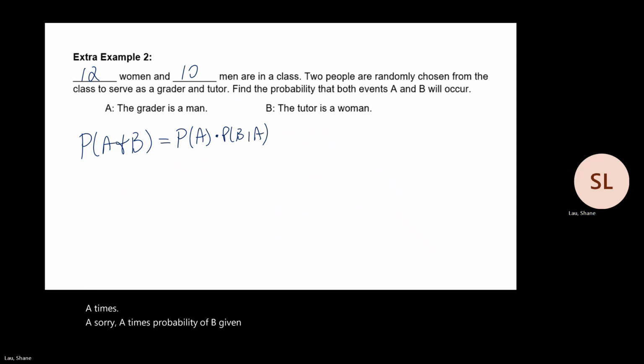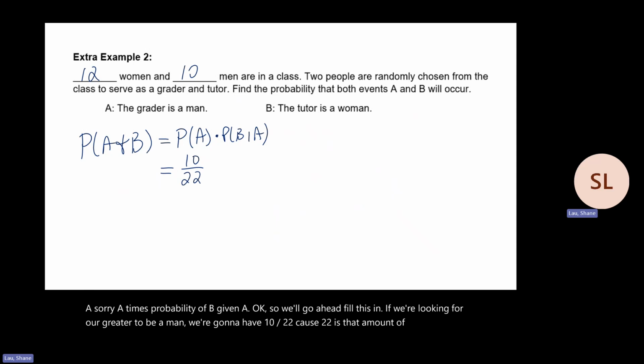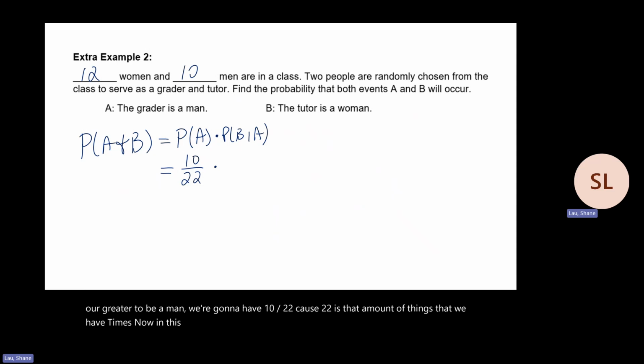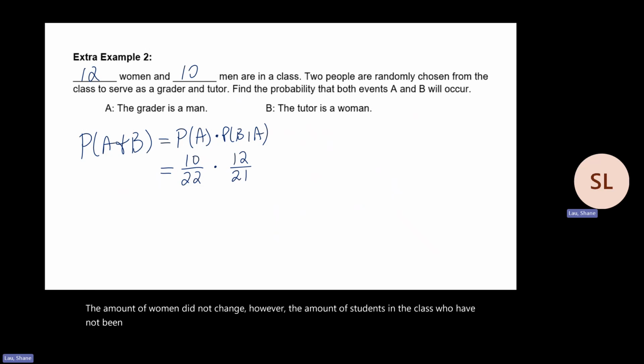Okay. So we'll go ahead and fill this in. If we're looking for our grader to be a man, we're going to have 10 over 22, because 22 is the amount of students that we have, times... Now in this case, I have a woman as my tutor. The amount of women did not change. However, the amount of students in the class who have not been chosen have changed.